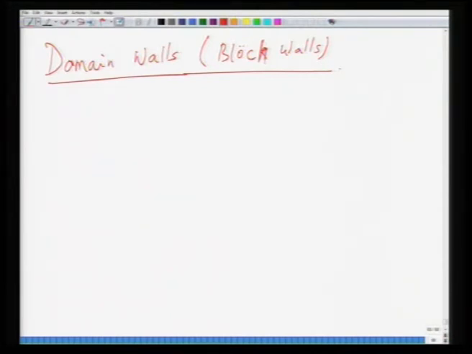Unlike in ferroelectric materials, where you had a region of polarization like this, then this was the domain boundary, and then the next region of polarization like this. At the domain wall, the ferroelectric polarization P changed abruptly, so the domain wall width was insignificant, of the order of a lattice parameter or two.